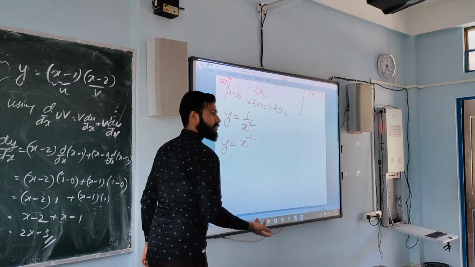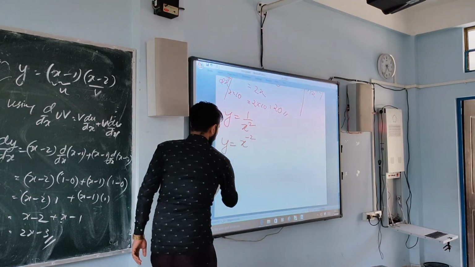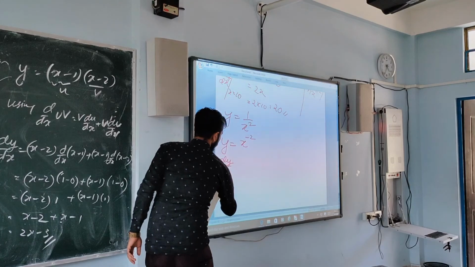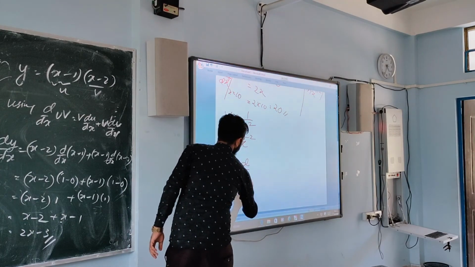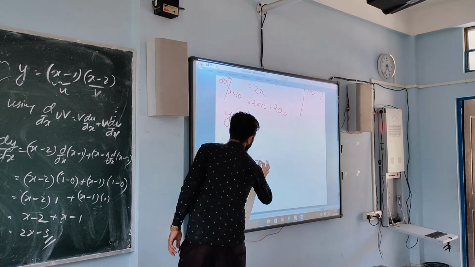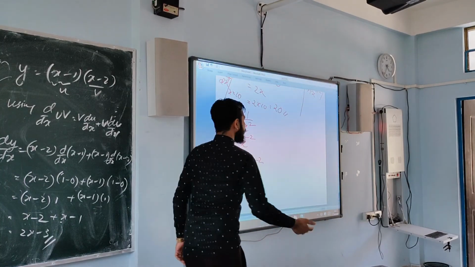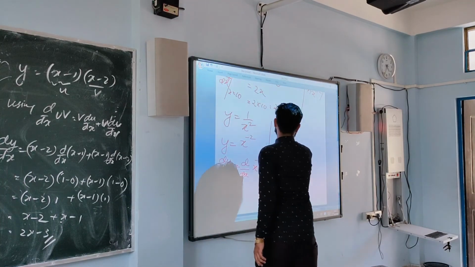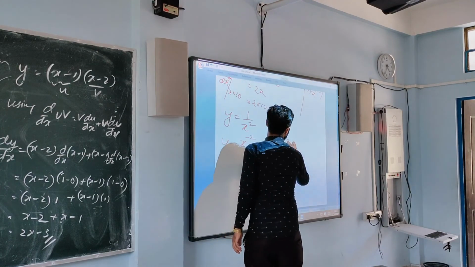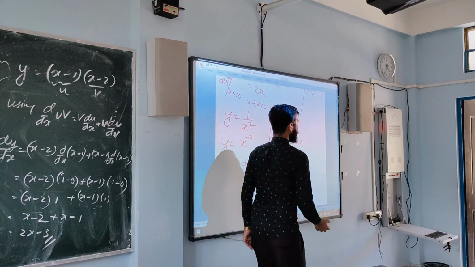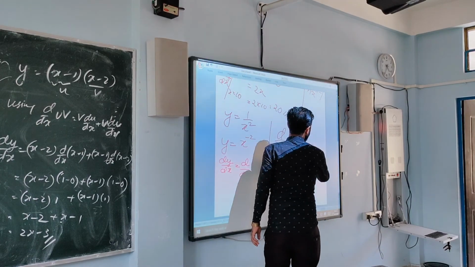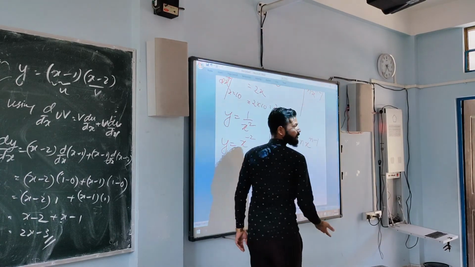Then dy by dx is equal to d/dx of x to the power minus 2, and we know the formula d/dx of x to the power n equal to n x to the power n minus 1.